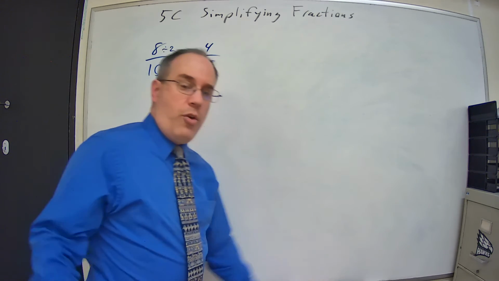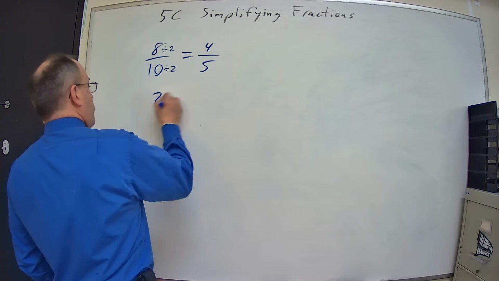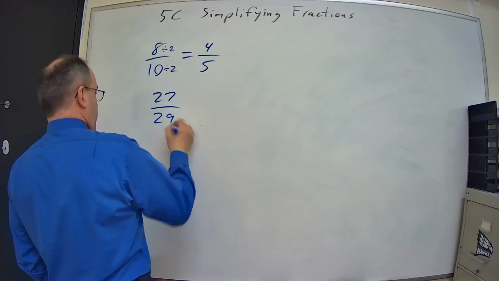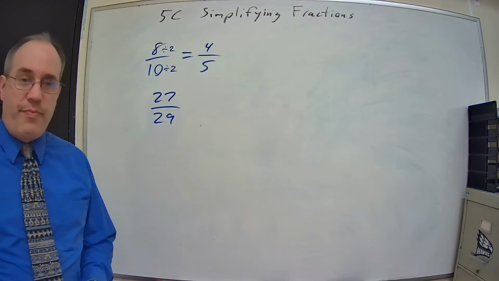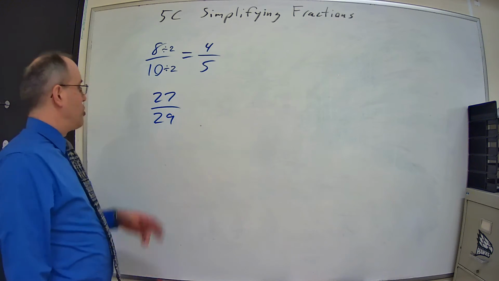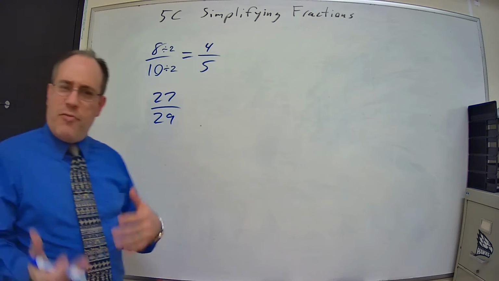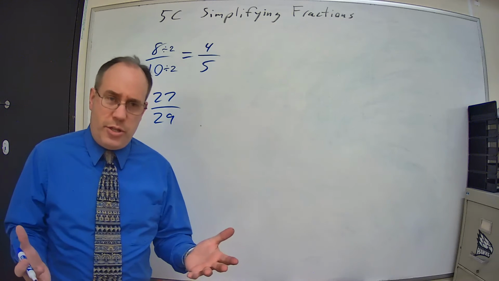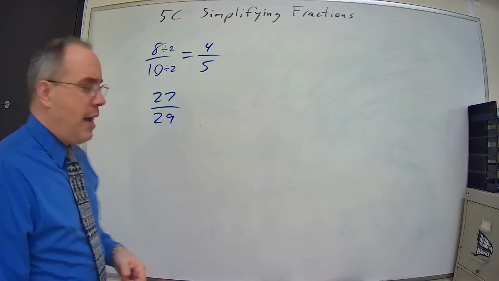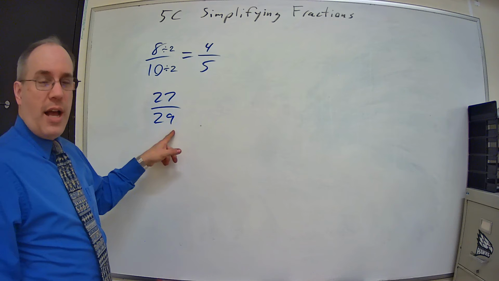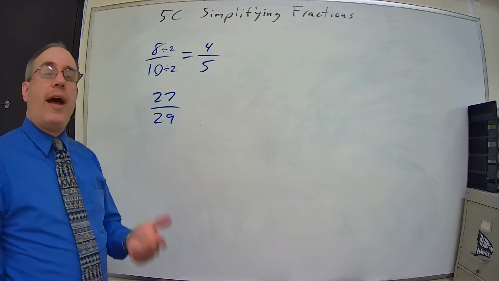Let's try another one. What about 27/29? When I look at 27, I look at 29, and because of my vast experience, I realize right away that 29 is a prime number.